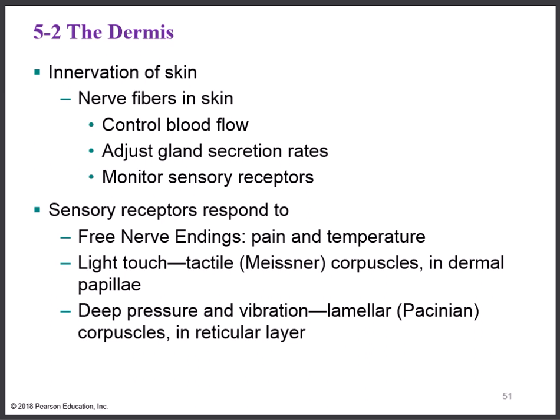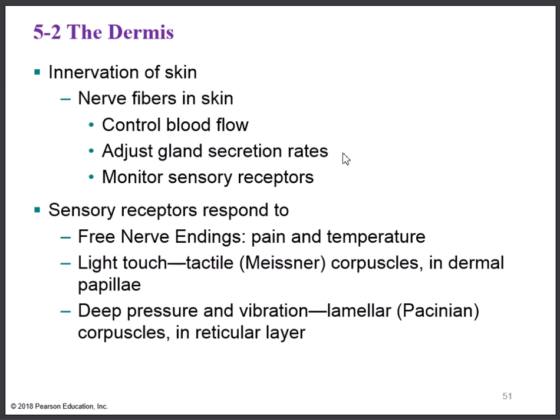We had mentioned in part 1 that the integumentary system has a close connection to the nervous system. So let's take a look at what some of the things the nervous system does for us in the integument. First of all, these nerves actually control the blood flow into your skin, right? There's certain times that you have more blood in your skin, other times you have less. These will actually turn on some of our glands.